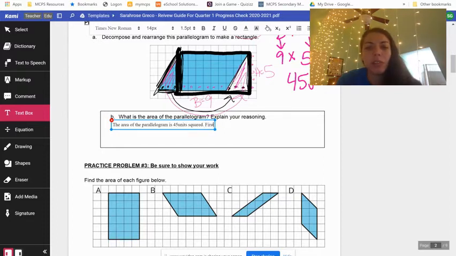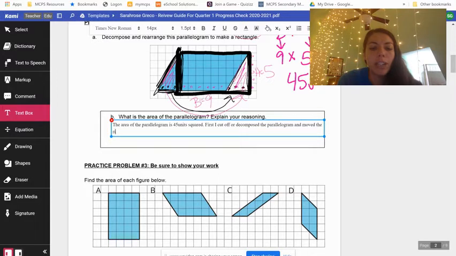First I cut off or decomposed the parallelogram and moved the right triangle on the left side and moved it to the right side of the parallelogram.